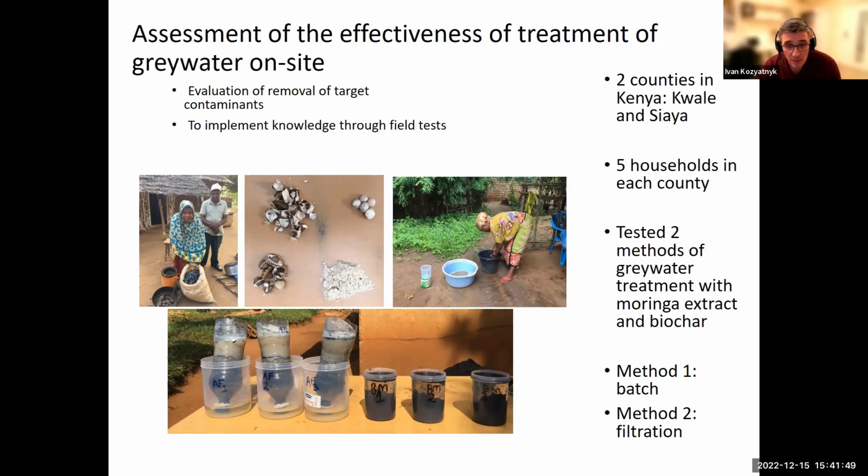And in the batch method, we add Moringa extract to the grey water, stir it for some time, and after that add powder biochar.